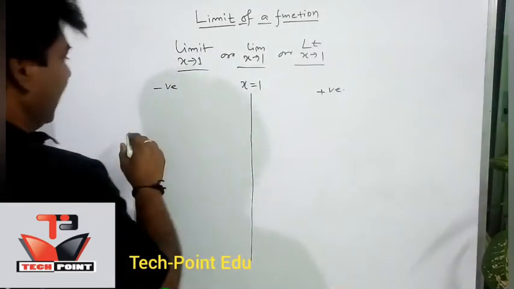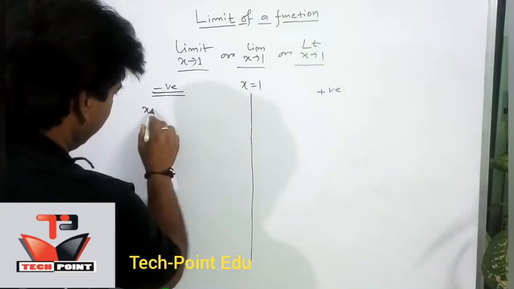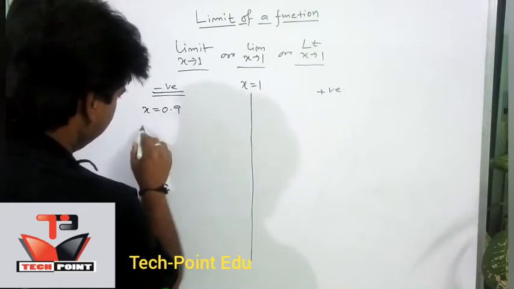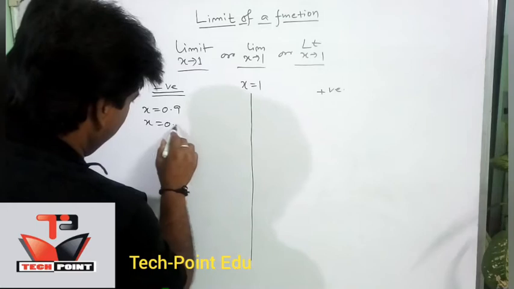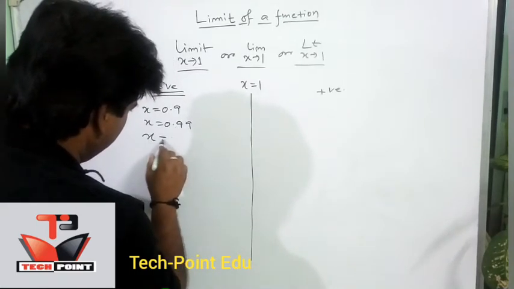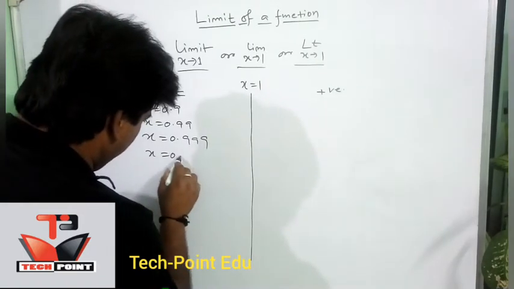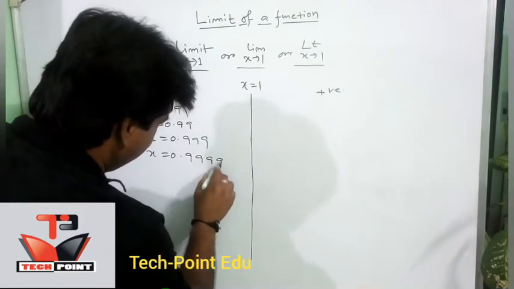On the negative side, the nearer points of x equal to 1 are, suppose, x equal to 0.9, or x equal to 0.99, 0.999, x equal to 0.9999.